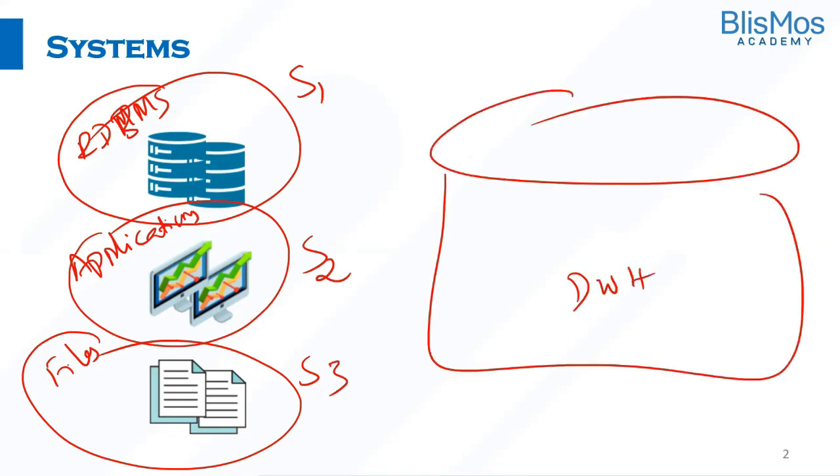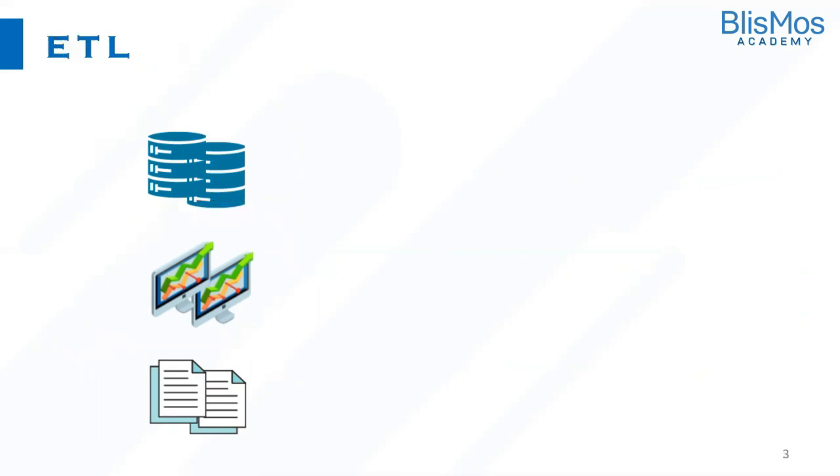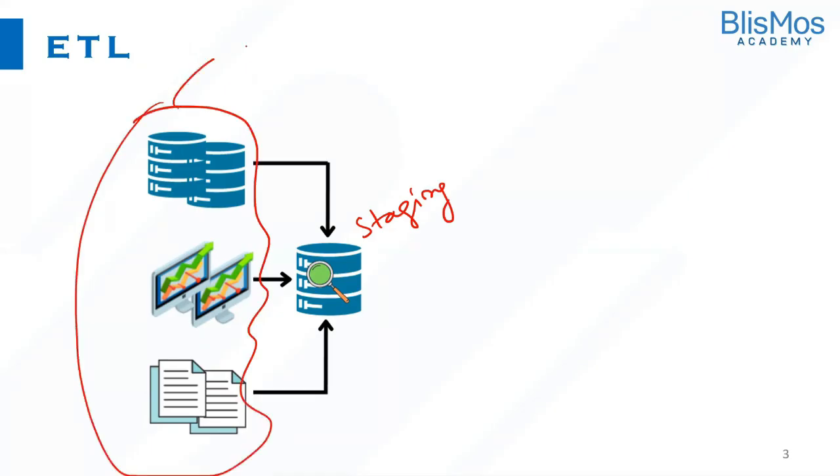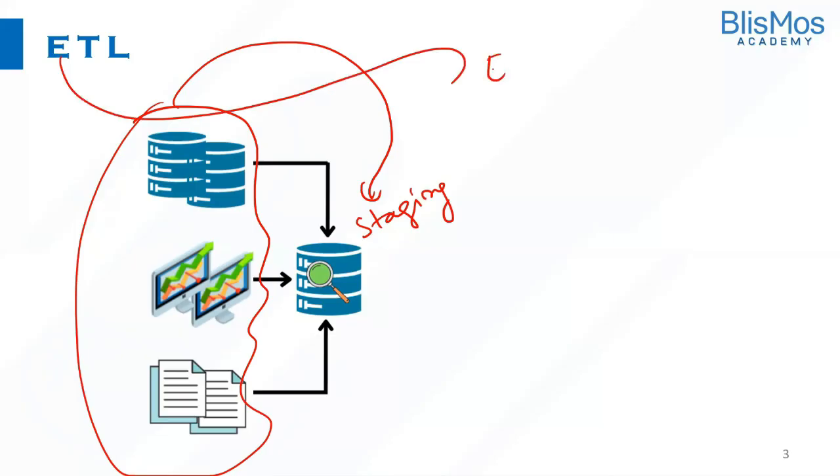So what we need to do is bring all this data to a common platform called staging. The process of bringing this whole data into a common platform called a staging area is called extraction. Will that suffice to build the data warehouse? Not really.